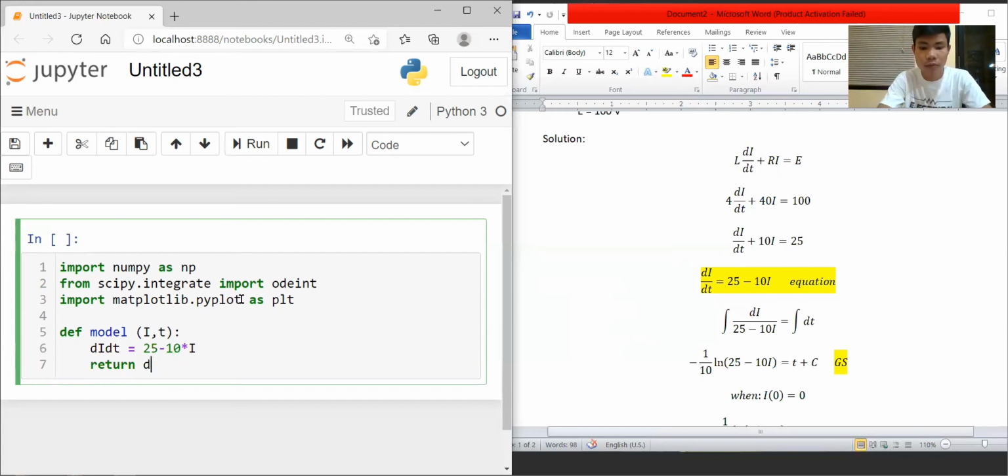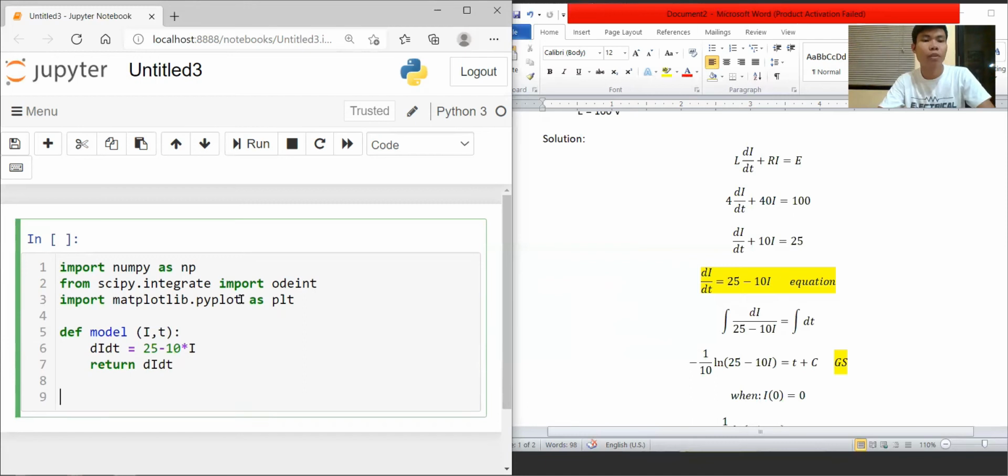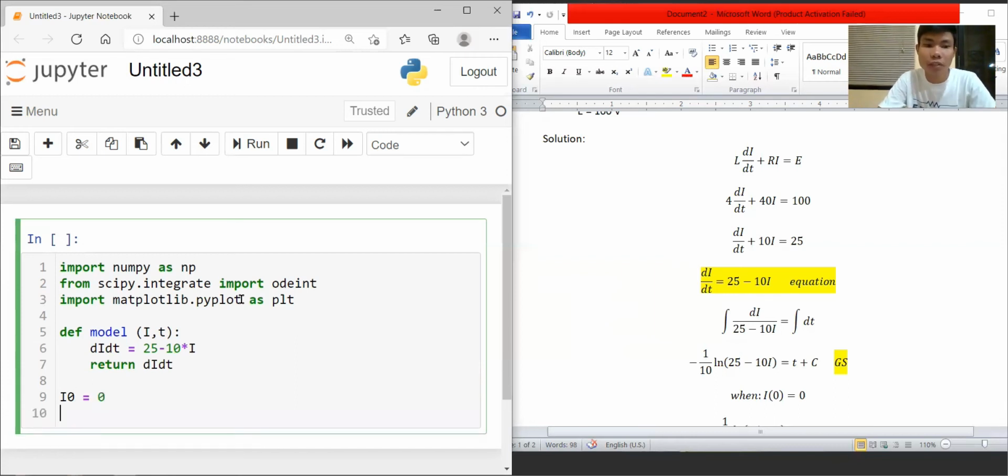Return. So after we define our function, we have to let our initial condition to be, let's say, I of 0 is equals to 0, which is our current is 0 at time 0.